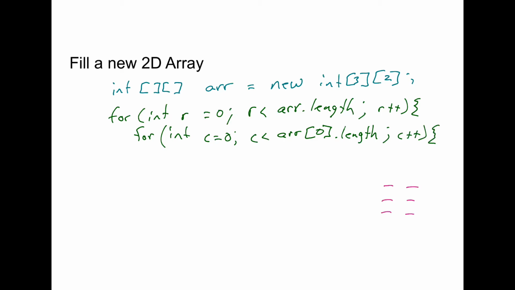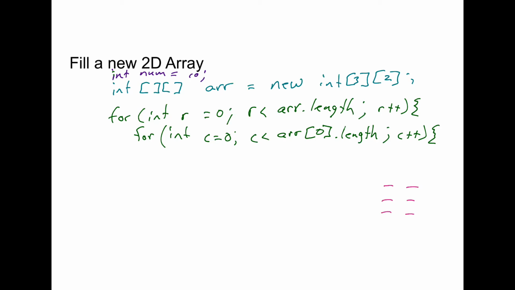All right, so now you're able to access every single spot in this for loop, and now we want to fill it. So let's just say we have some number we want to start this at. So let's say int num equals 10.